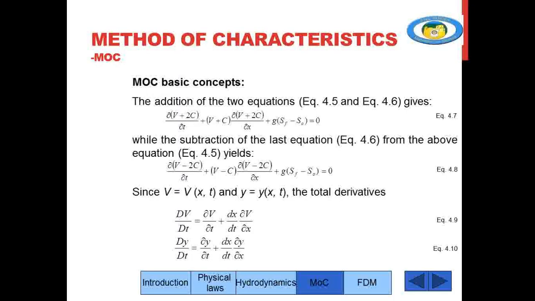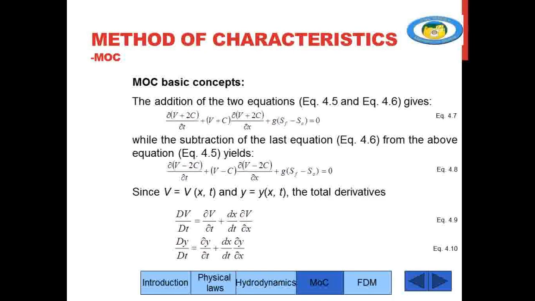If v is velocity, for example, this is the change in velocity while the observer is moving. It is the change in velocity with time plus change in x per change in time, that is the speed of the observer, times change in velocity per change in cross section. Which would physically mean the change in velocity for a moving observer, essentially.